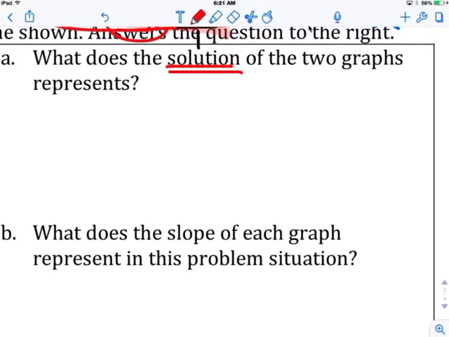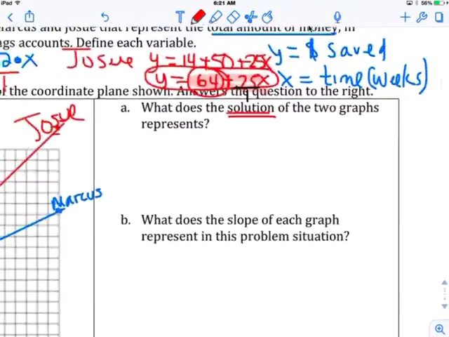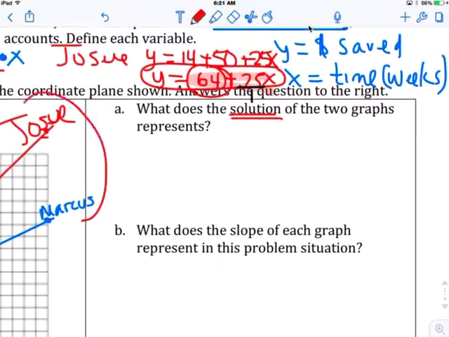So, what does the solution of the 2 graphs represent? What it means, where the two lines cross, is when Marcus and Josue make the same amount of money, have the same amount in their savings account.